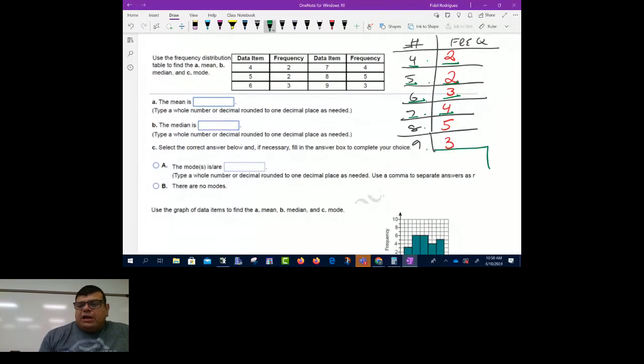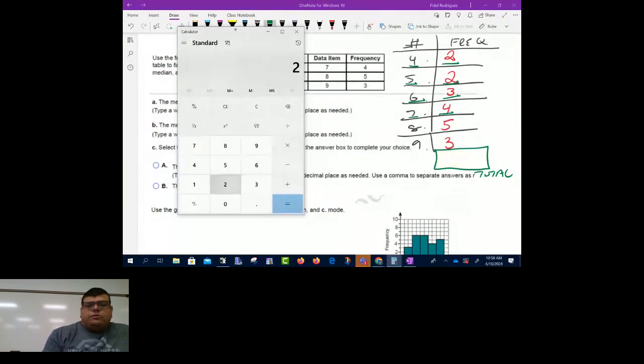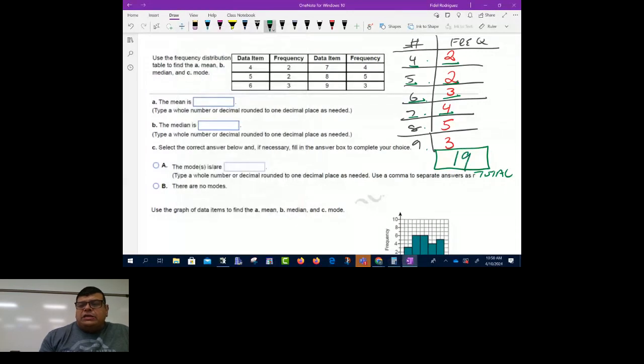If I want to figure out how many numbers I have, y'all, I need to find this total right here. So let me take my calculator. Okay, let's go 2 plus 2 plus 3. Let's see, plus 4 plus 5 plus 3. Okay, y'all, we got a total of 19 numbers.